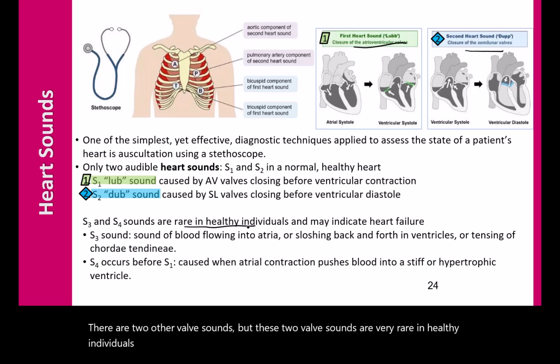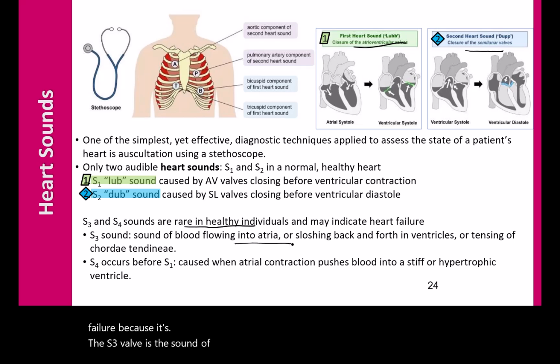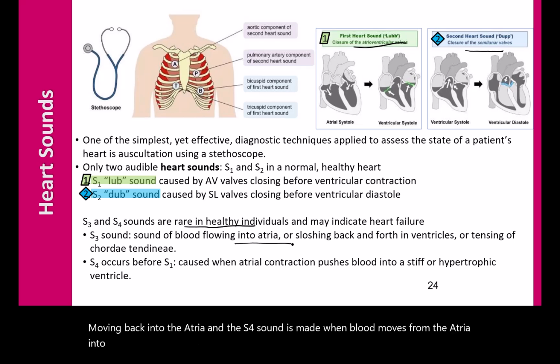If they can be heard with a stethoscope, it may indicate some sort of heart failure, because the S3 sound is the sound of blood moving back into the atria, and the S4 sound is made when blood moves from the atria into a stiff or hypertrophic ventricle.